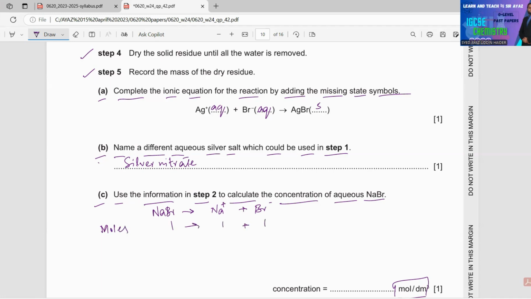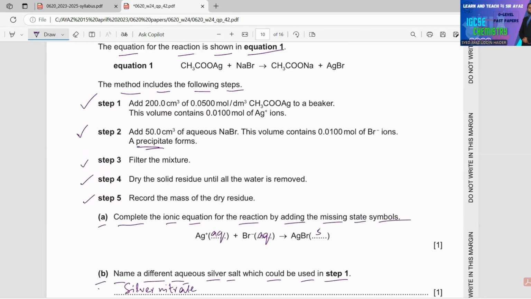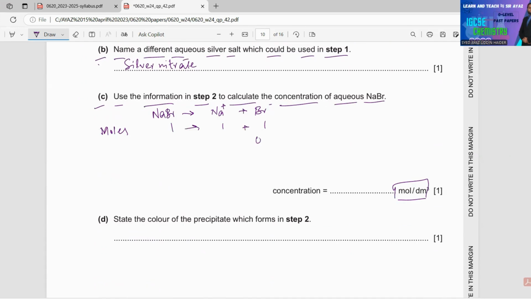So moles of Br negative ion is given, which is 0.01, which means the mole of NaBr will definitely also become 0.01 according to the relationship.